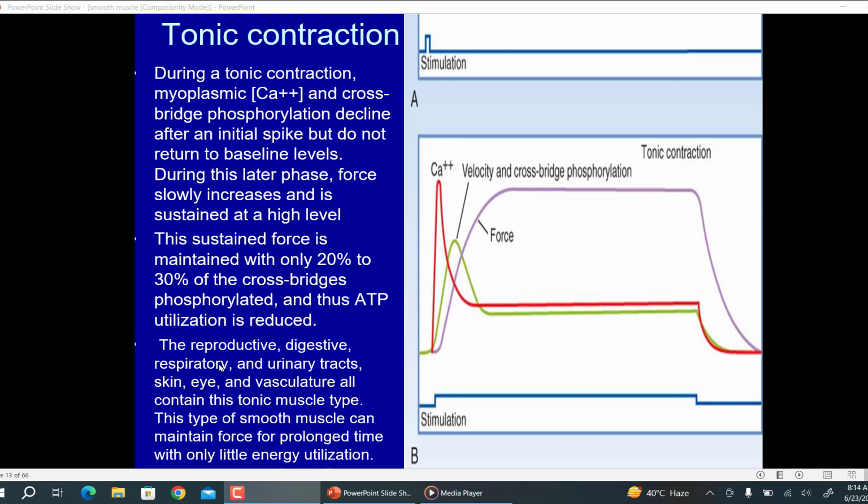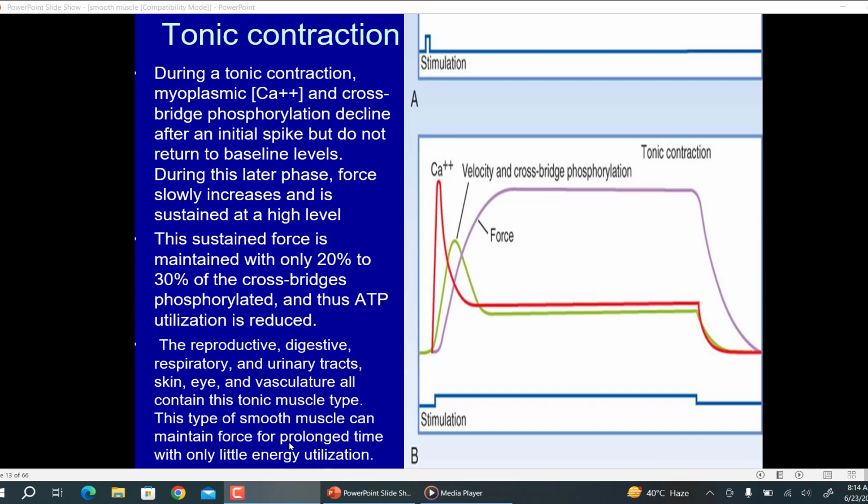The reproductive, digestive, respiratory and urinary tract, skin, eye and vascular all contain the tonic muscle type. This type of smooth muscle can maintain force for prolonged time with only little energy utilization.